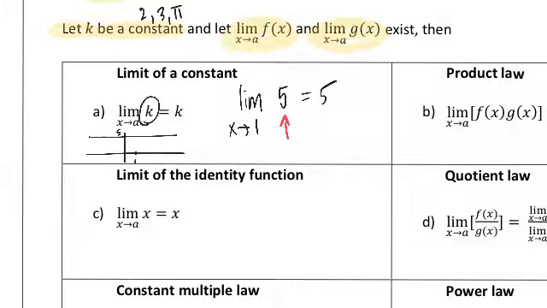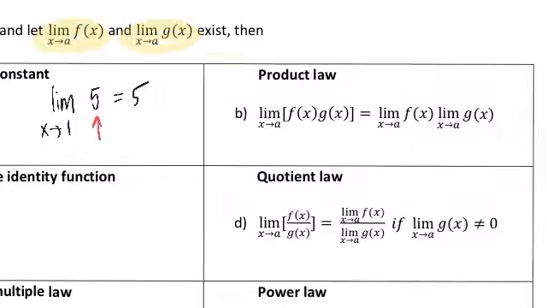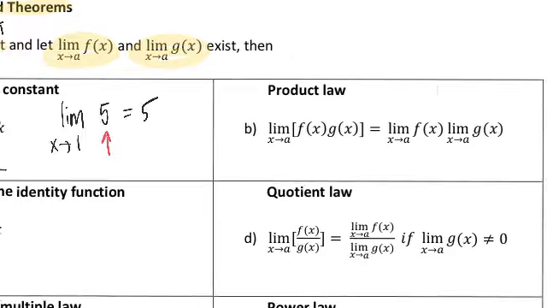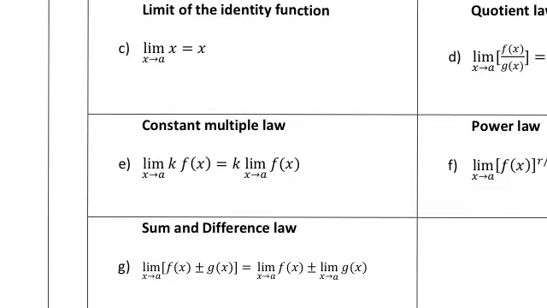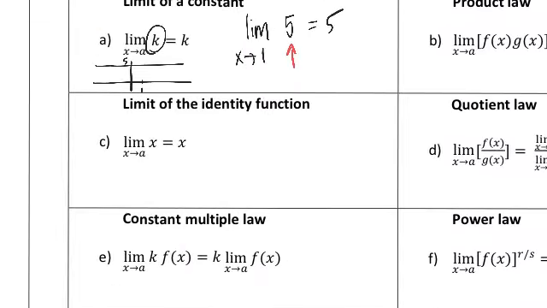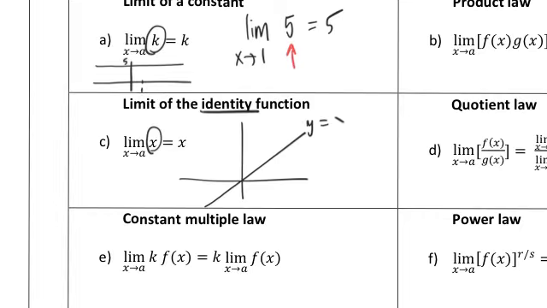Then we have the next law. So let's do C now. The limit of the function x as x approaches a is equal to a. What that means is, this function is just the identity function, which is the function y equals x, right?